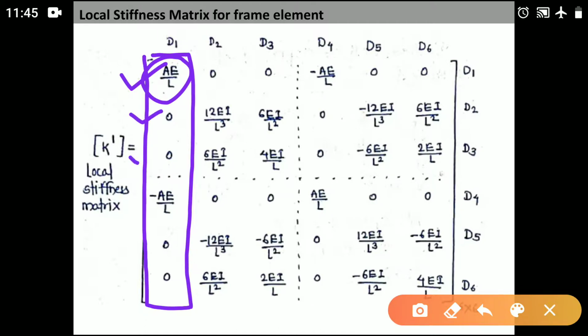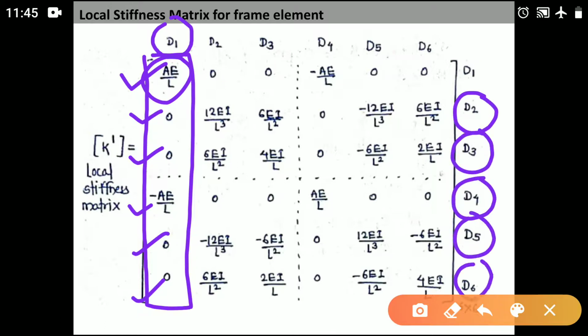Now writing the other elements, what you have to do is see the figure of D1 equal to 1, the degree of freedom which is written for the column. You have to see the corresponding figure of that degree of freedom. So this is the first column under D1, and after that you have to see the next rows.